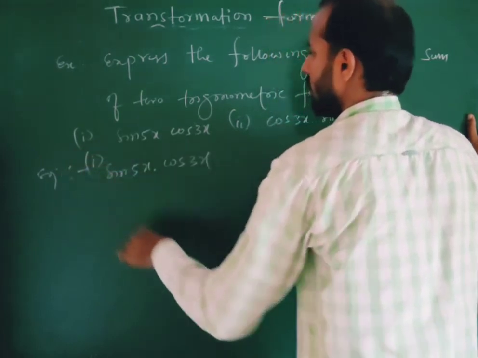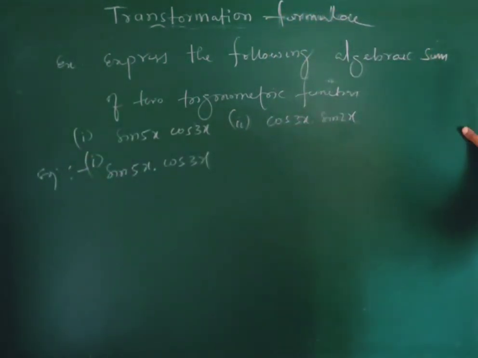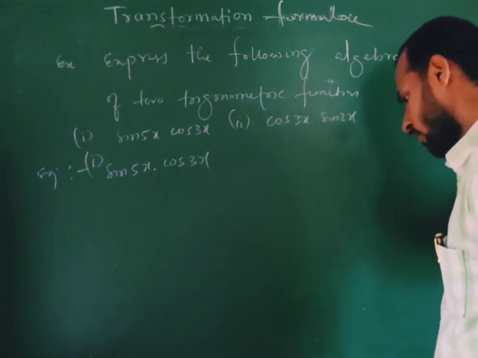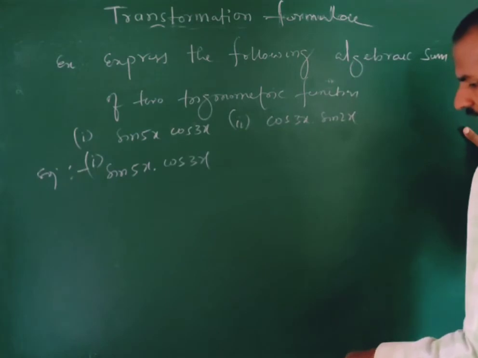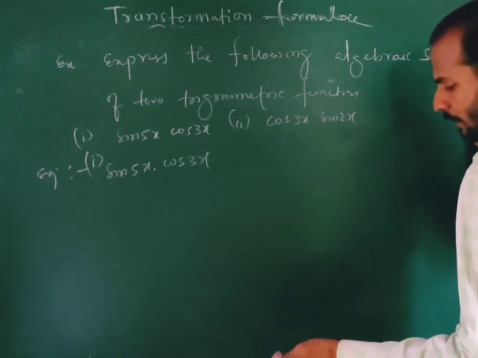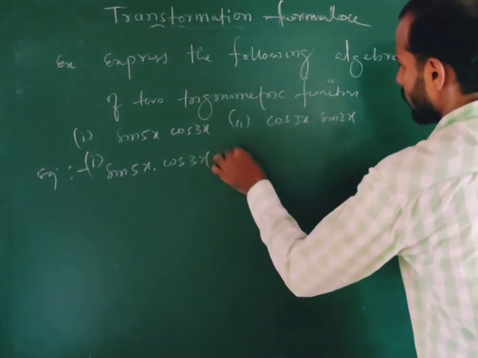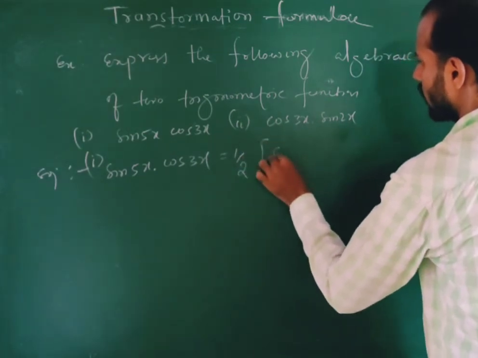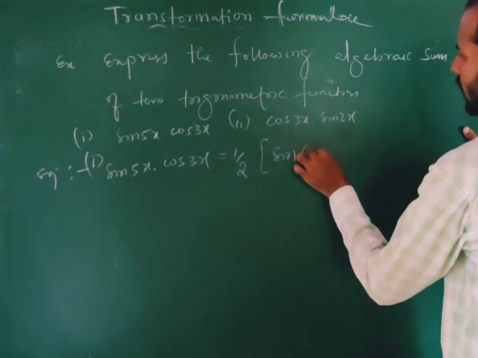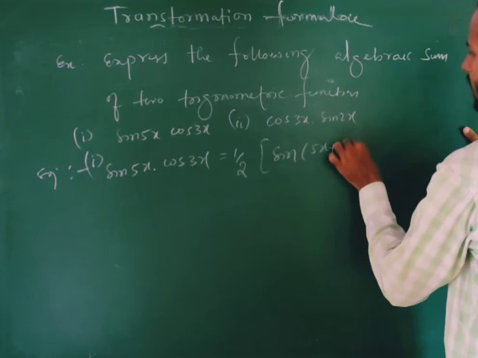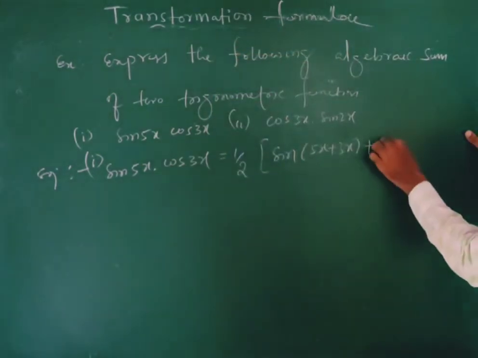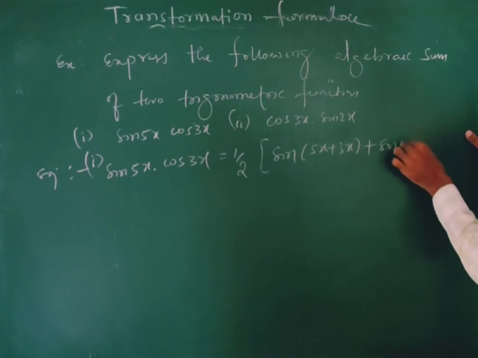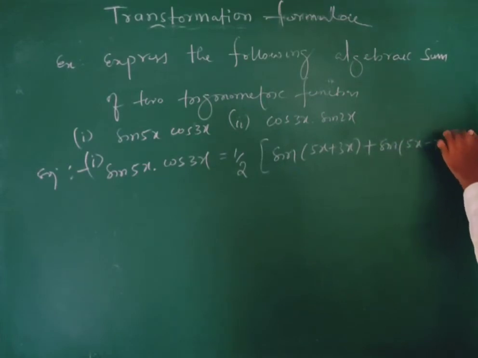First solution: sin 5x into cos 3x, that is the sin a cos b formula, that formula is 1 by 2 sin a plus b plus sin a minus b, which is equal to 1 by 2 sin of a plus b, meaning 5x plus 3x, plus sin a minus b, 5x minus 3x.